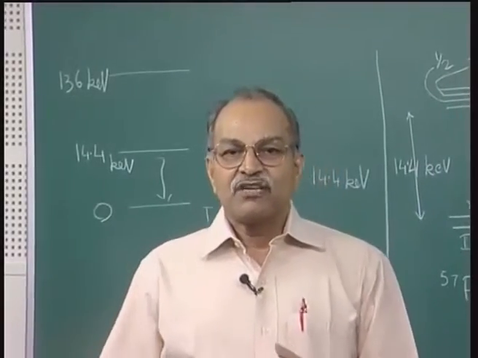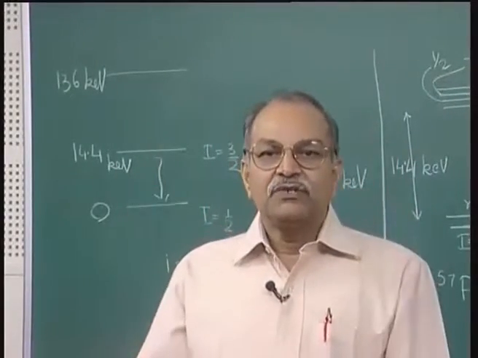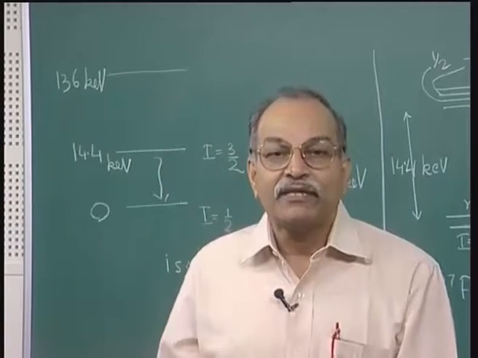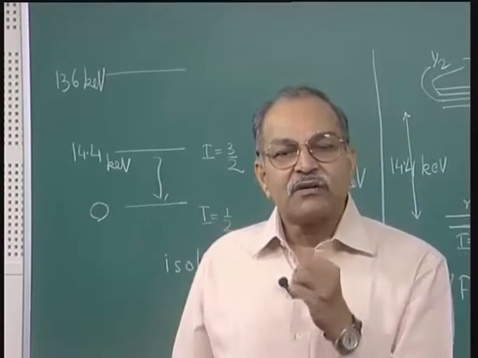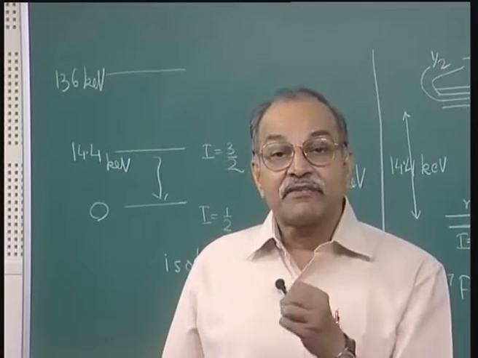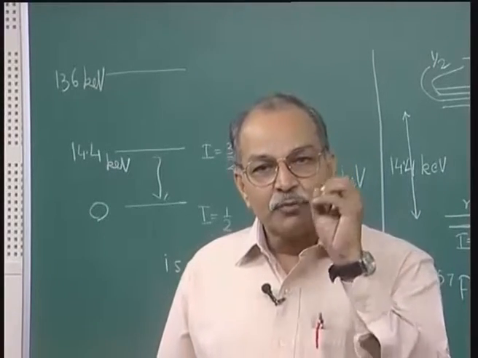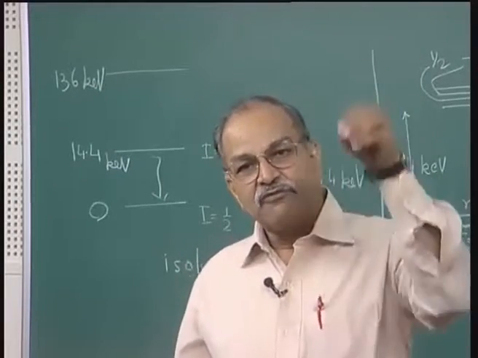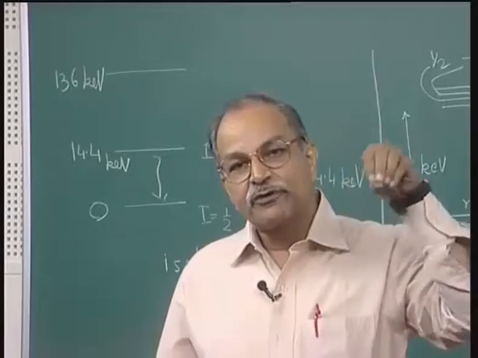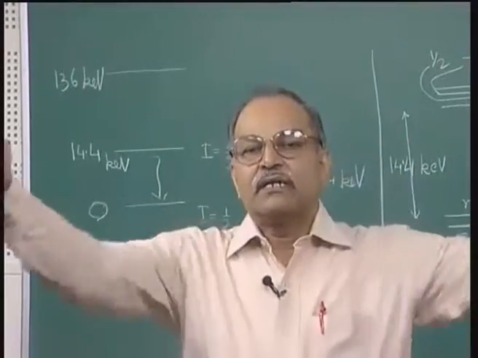Why did the nuclear energy levels split? That is because when you have an iron piece, you have ferromagnetic domains, and because of that you have internal magnetic field inside that domain. If you look at one particular iron nucleus, there you have magnetic field coming from ferromagnetic coupling of so many atoms.